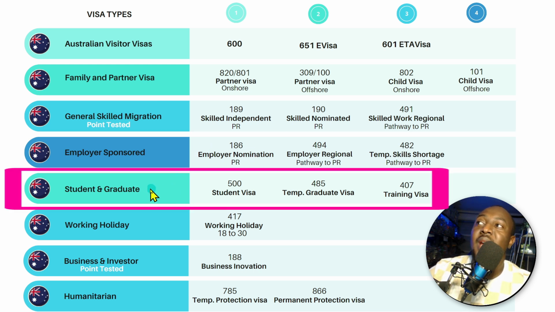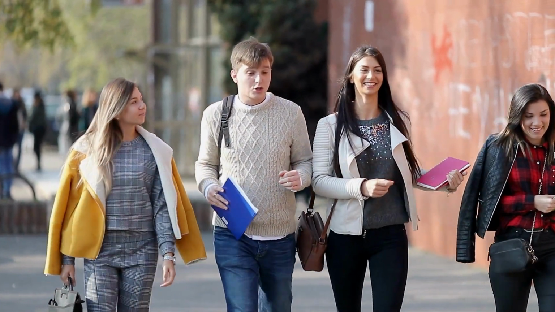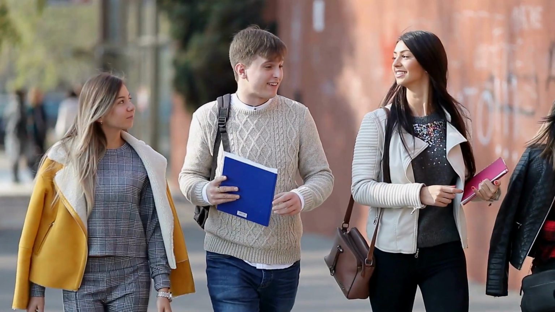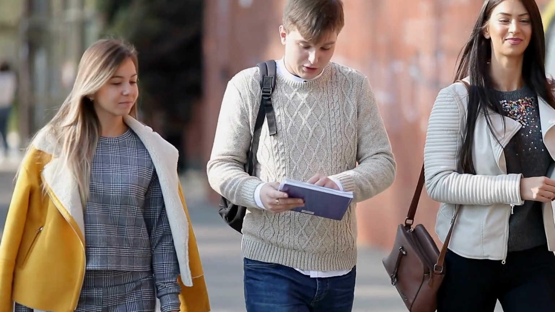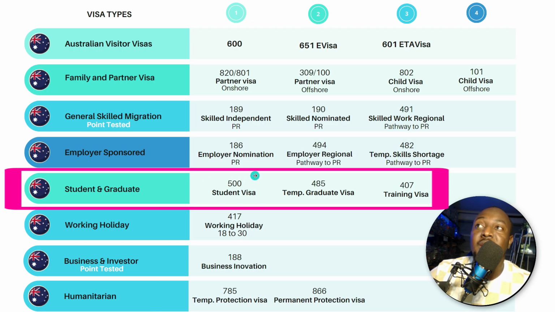Okay, so moving on, we have the student and graduate visa. Okay, so most people actually come here as a student. Once they finish their studies, they go through pathways to becoming a permanent resident in Australia. Okay, so if you want to come and study in Australia, then we're looking at the student visa 500.